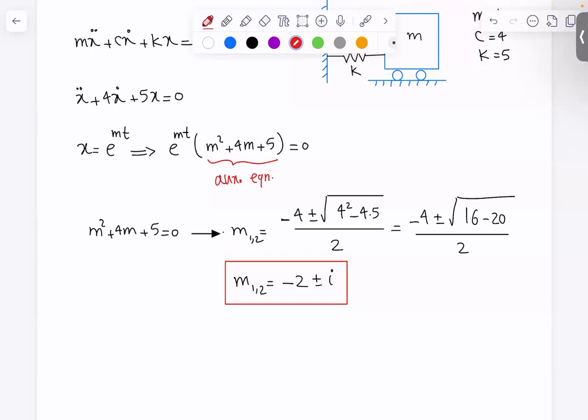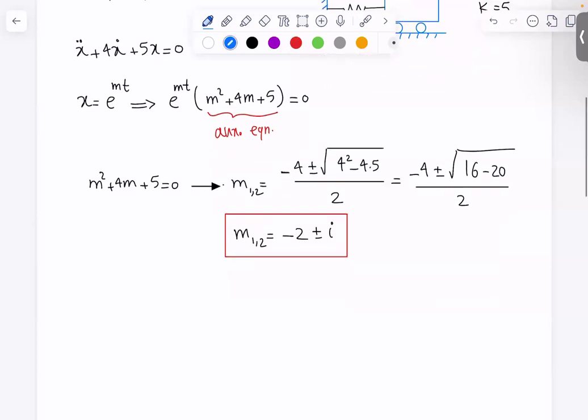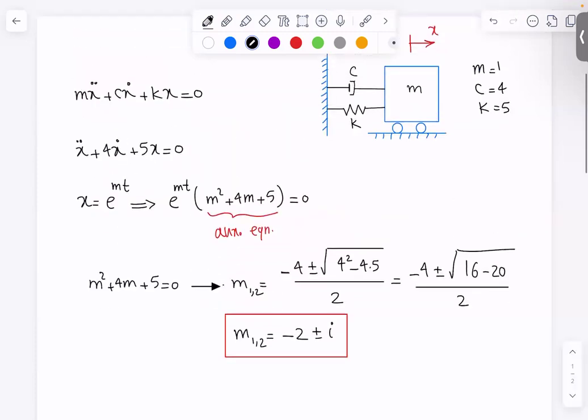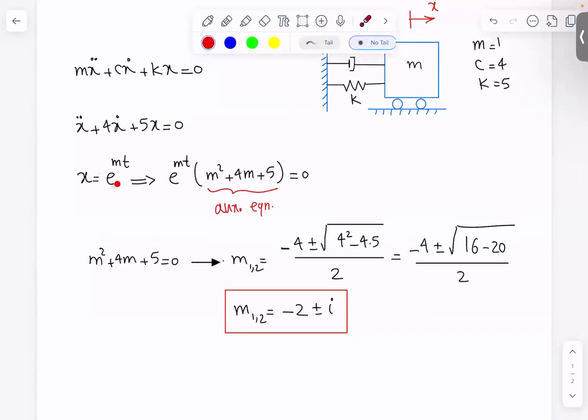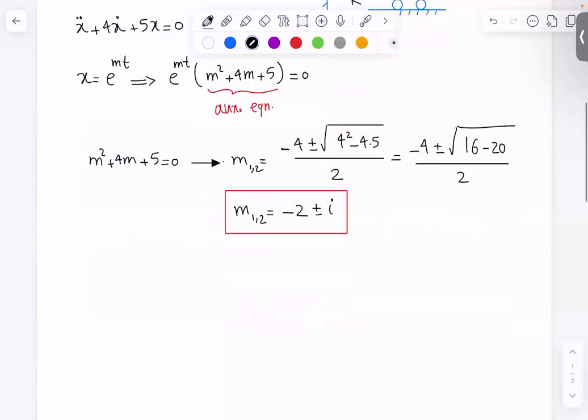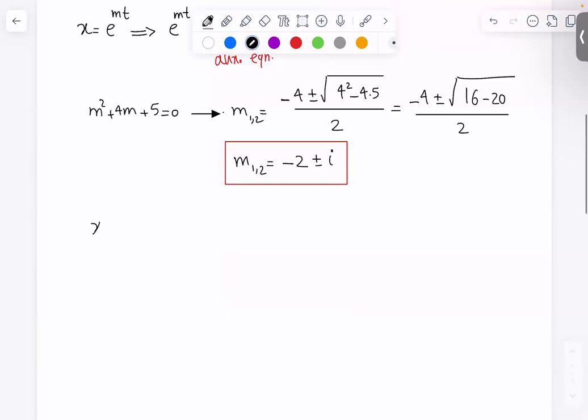So we know that once we have a solution, remember, our solution is x is e to the mt, and now we just found m is a complex number. It has an imaginary part, and we know that in this case the general solution will look like this.